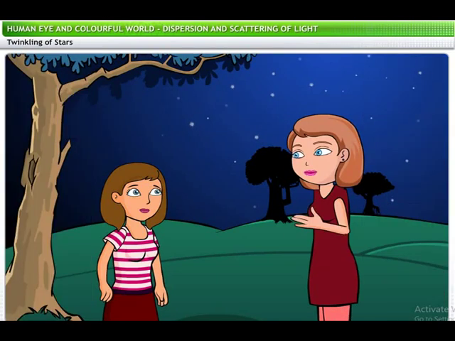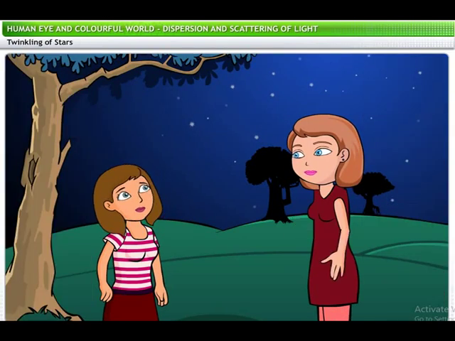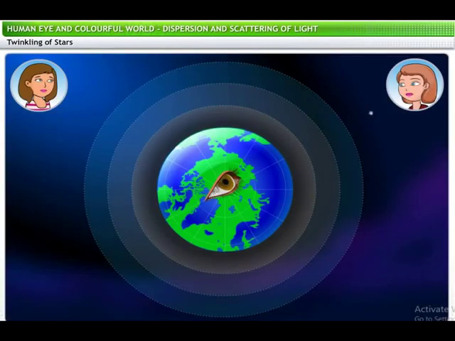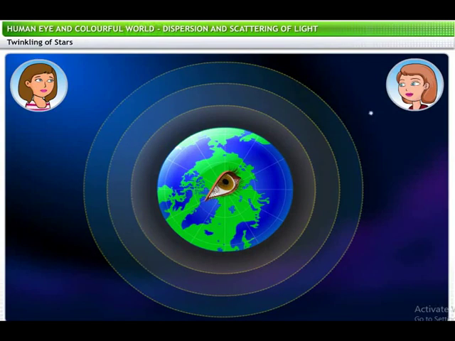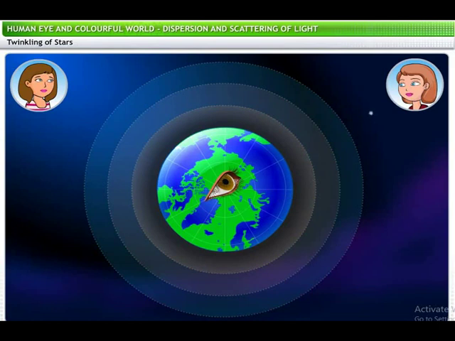Let's first look at the twinkling of stars. Since our atmosphere is heterogeneous, that is, made up of many layers of various densities, the light reaching us from the sun or stars is refracted multiple times. As it crosses each medium, it refracts.